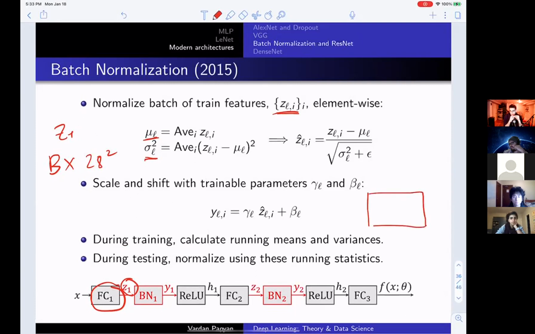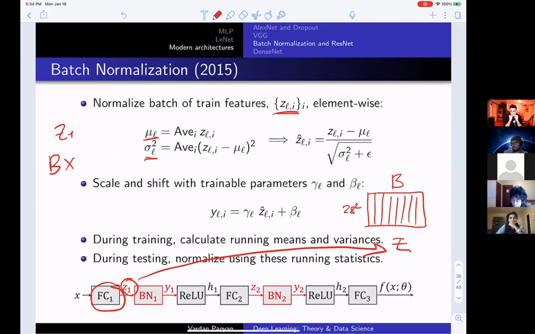Here's Z. Each column here corresponds to a different image in the batch, and each row corresponds to a different pixel in the image. After the first fully connected layer it would be something like 64, because this would be 28 squared, but here you would have something like, let's say, 128. So let's be consistent, sorry for the confusion, 128.